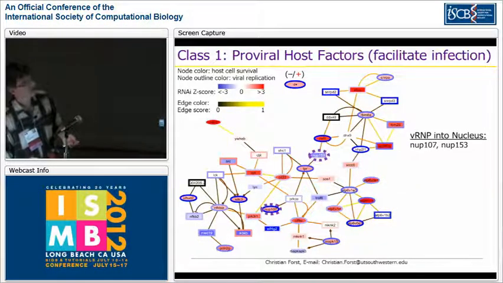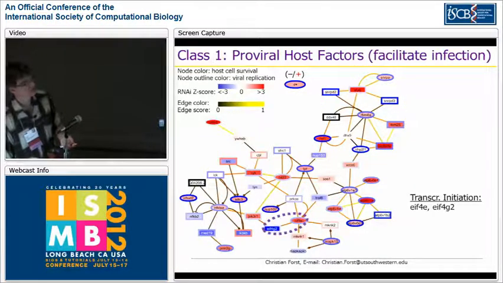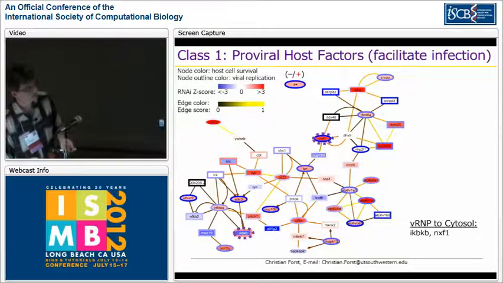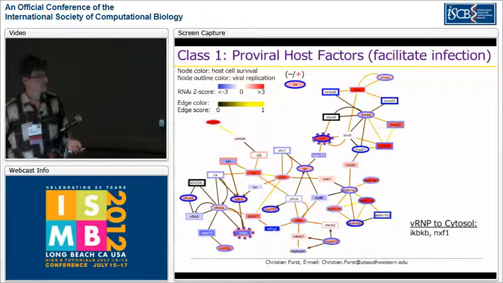Furthermore, there are the nuclear pore proteins required to transport the viral RNA into the nucleus. Next, there would be the splicing within the nucleus and the initiation. And as a last step in this network, the transport of the newly transcribed viral RNAs from the nucleus out into the cytosol.